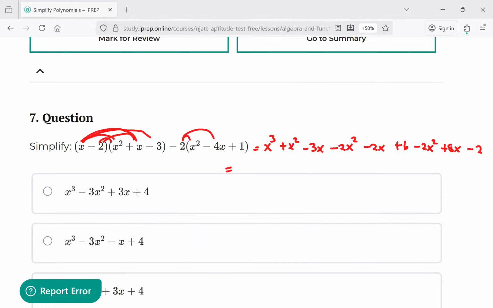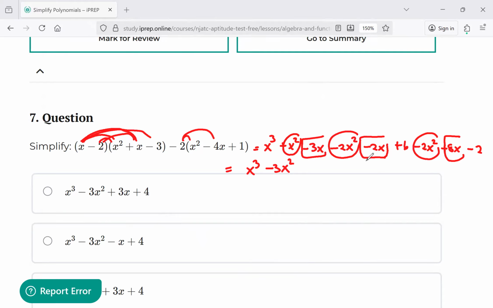Collect like terms. So start with x cubed and then x squared. We have 1x squared, negative 2x squared, negative 2x squared. 1 minus 2 is negative 1, minus 2 is negative 3. And then you have a negative 3x and a negative 2x and a positive 8x.